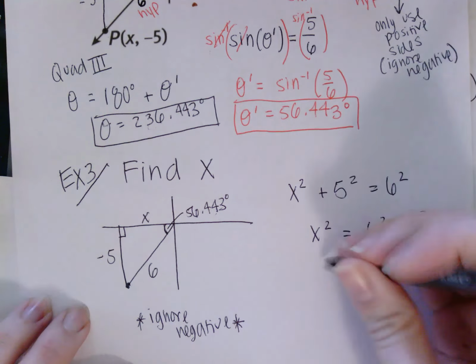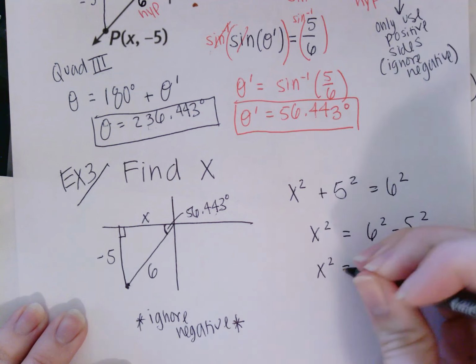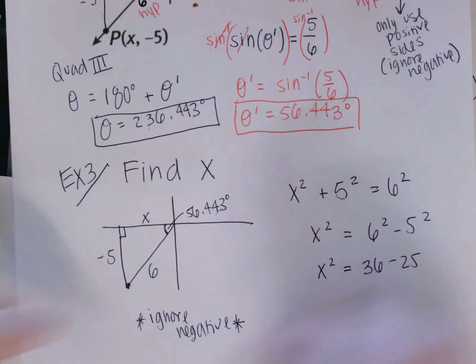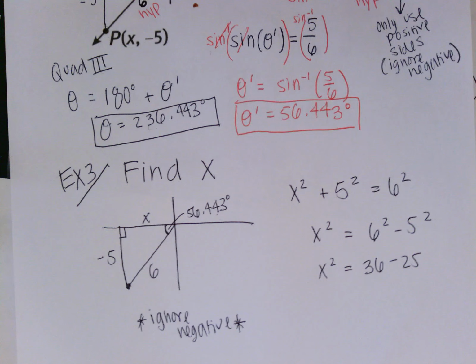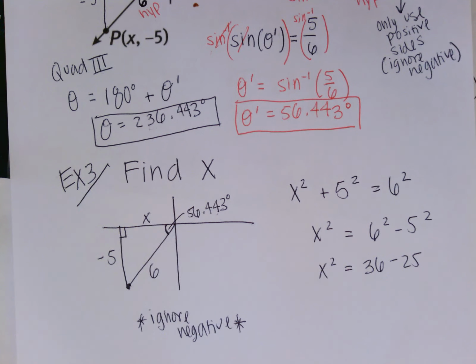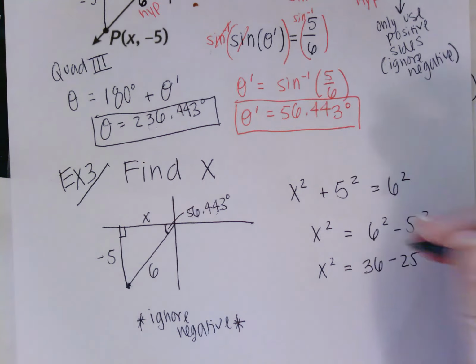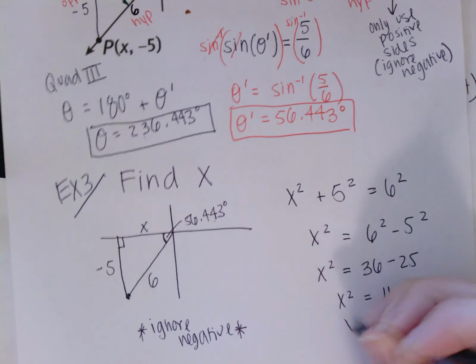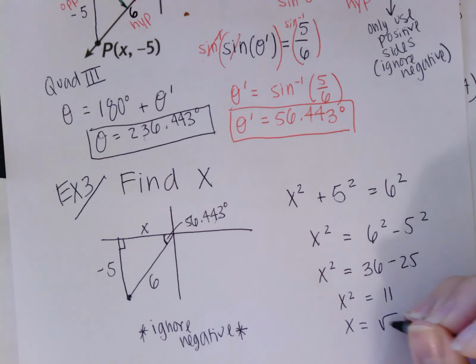And I can do the math here. So x squared is 36 minus 25, and 36 minus 25 is 11. So x squared is 11. X is the square root of 11.